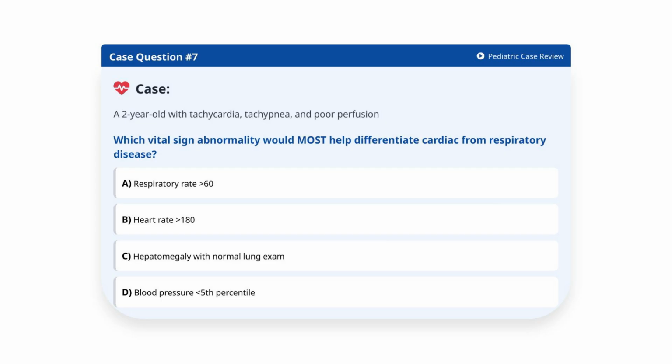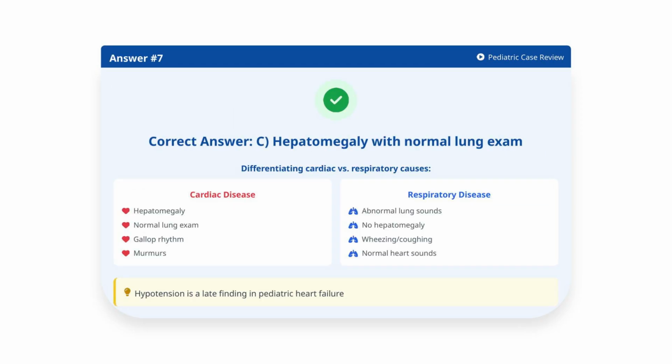A 2-year-old presents with tachycardia, tachypnea, and poor perfusion. Which vital sign abnormality would most help differentiate cardiac from respiratory disease? Is it A, respiratory rate greater than 60, B, heart rate greater than 180, C, hepatomegaly with normal lung exam, or D, blood pressure below the 5th percentile? The correct answer is C, hepatomegaly with normal lung exam.